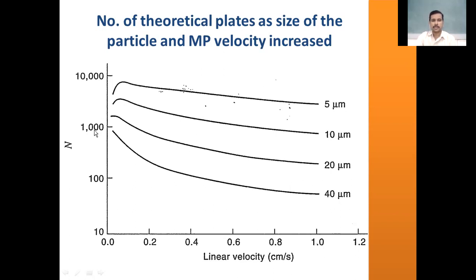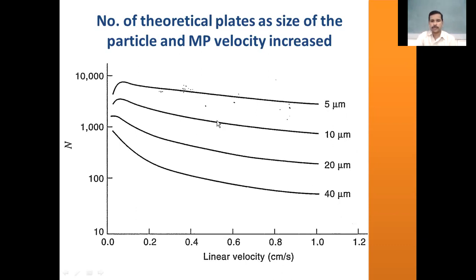You can see the number of theoretical plates was maximum when you use stationary phase of particle size 5 micrometer. Even if you increase the linear velocity of the mobile phase, say 0.2, 0.4, 0.6 up to 1.2, the number of theoretical plates has not been affected. Almost the same number of theoretical plates was seen when you use smaller stationary phase particles.